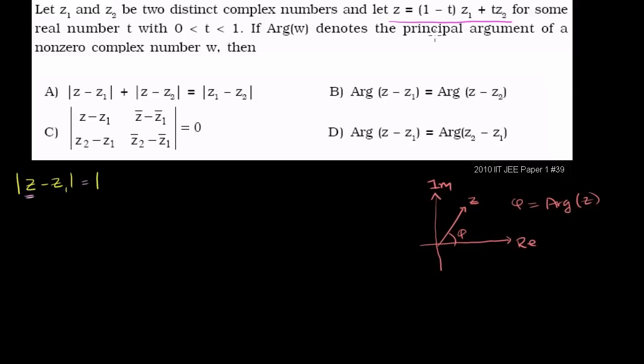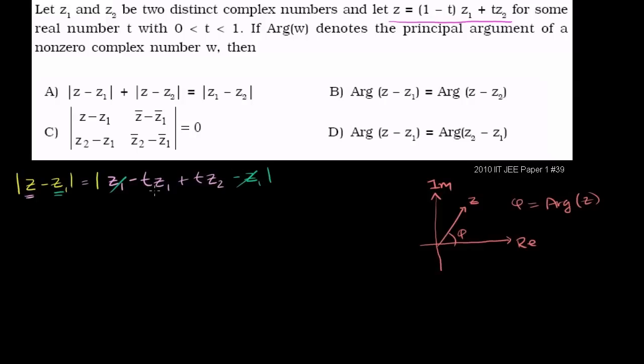And let me distribute the z1. So it's z1 minus tz1, plus tz2. And from that, we want to subtract z1. So minus z1, and that and that cancel out.